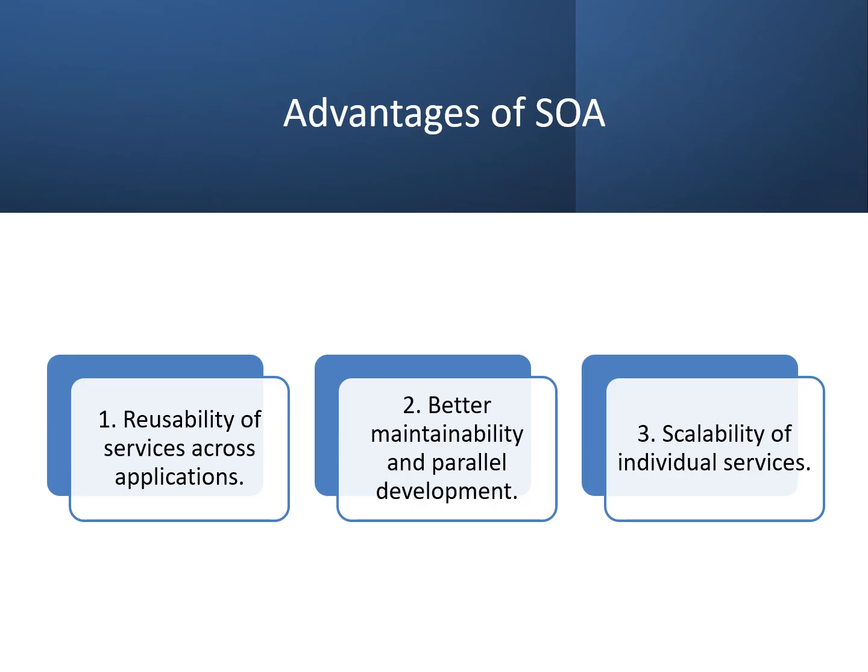Advantages of SOA. Reusability of the service: backend logic is divided into independent services, and these services can be reused across multiple applications or modules. Better maintainability: each service is managed and maintained separately, making it easier to update or fix without impacting other services.